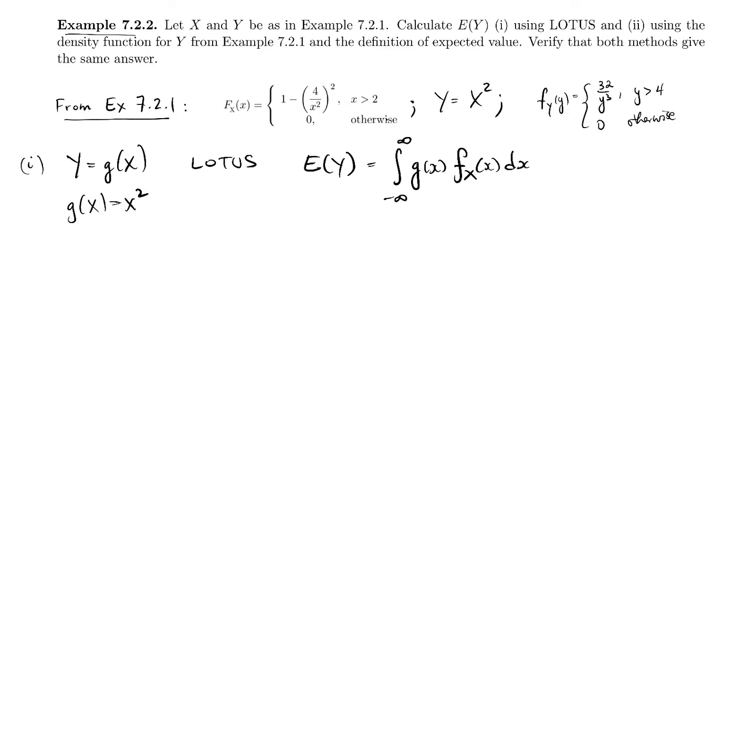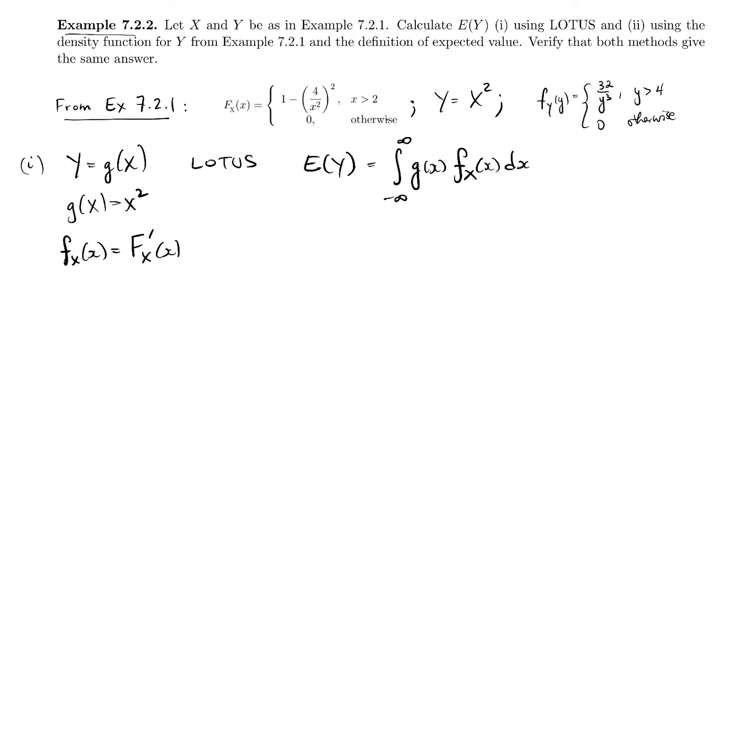So notice that we have the expected value of y, but in the integral are only x terms. So the x squared we have here, what we don't have is the density, but we can calculate that from the cumulative distribution function because f sub x, the density, is the derivative of the cumulative distribution function.